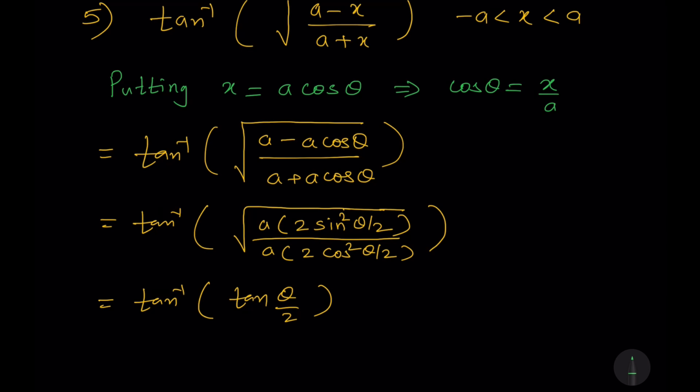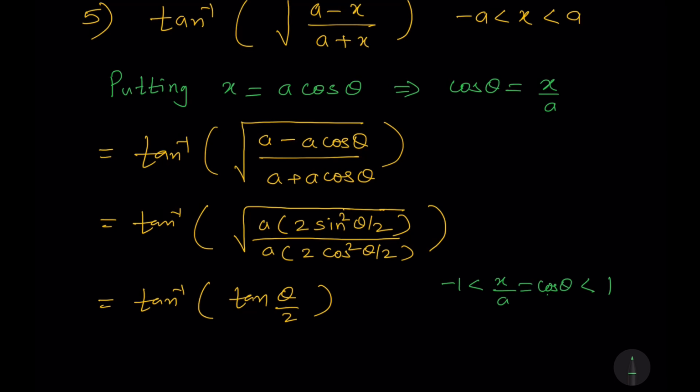cos theta is x by a, that means x by a is cos theta. So we know that cos theta lies between, see, minus 1 less than x by a, but what is x by a? X by a is cos theta, less than plus 1. So our cos theta lies between minus 1 and 1.